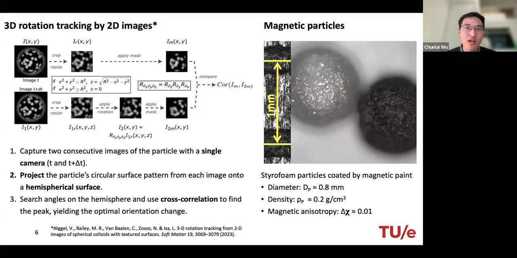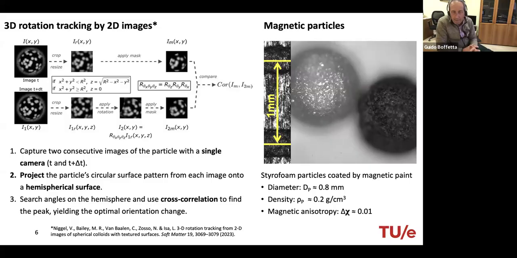But if you ask how many pixels are occupied by each particle, the diameter of the particle in the image is around 80 pixels. The particle size also varies a little bit on the camera sensor, from around 70 to around 90 pixels. So on average, 80 pixels.